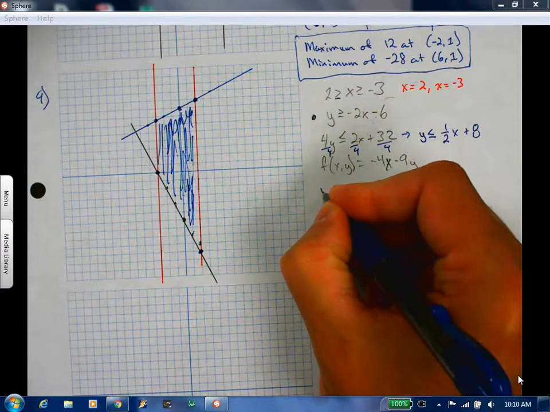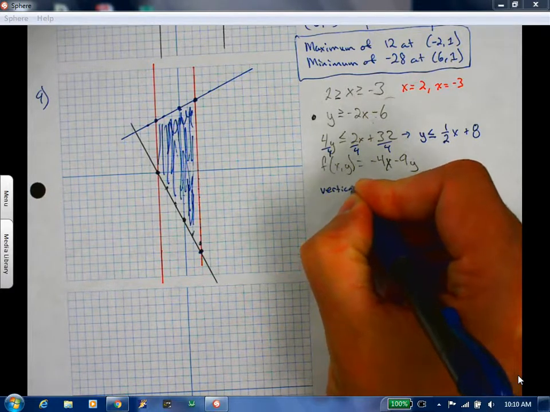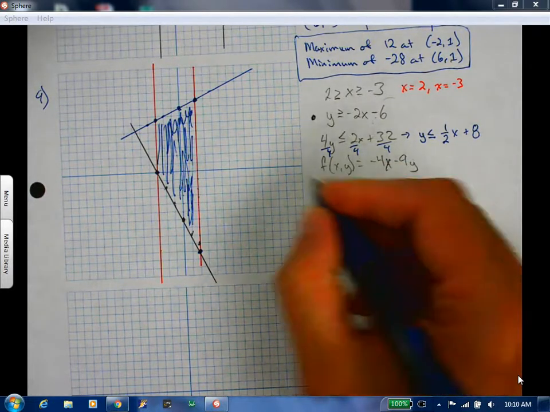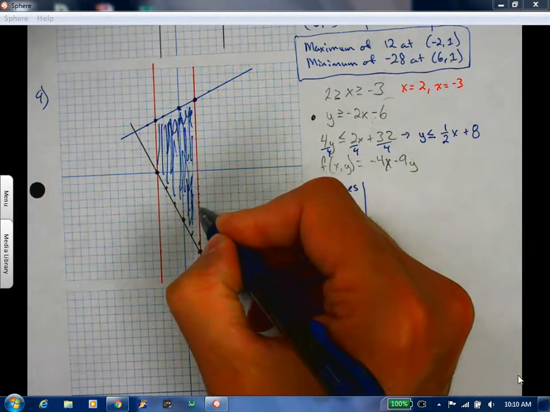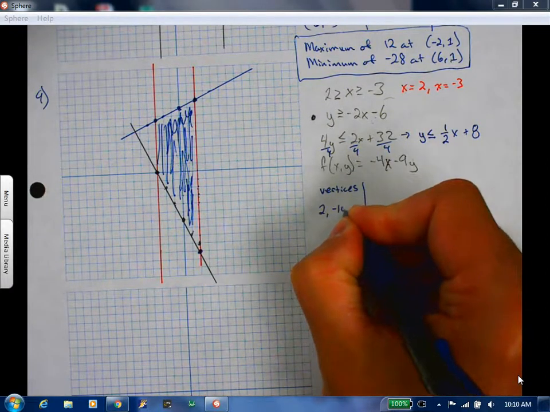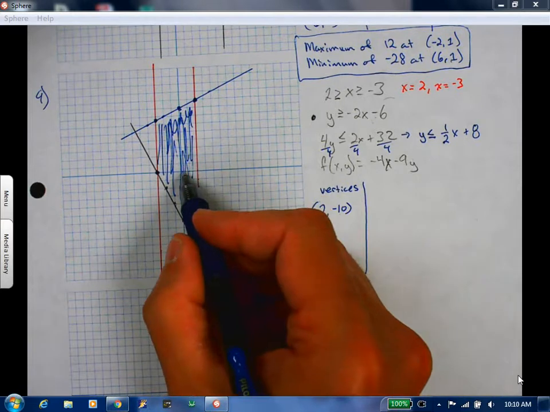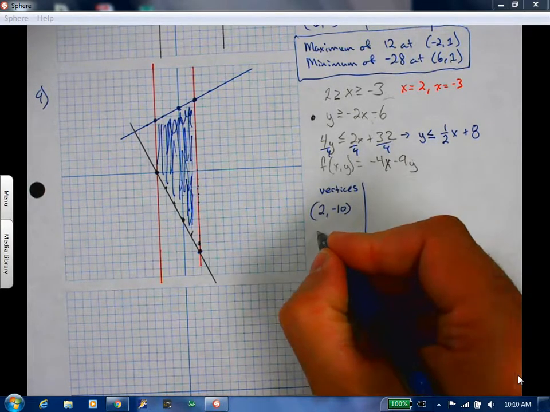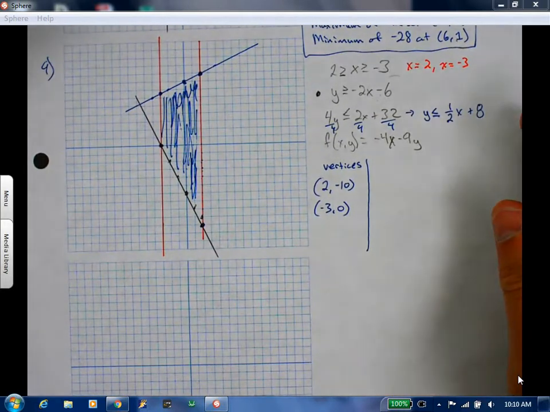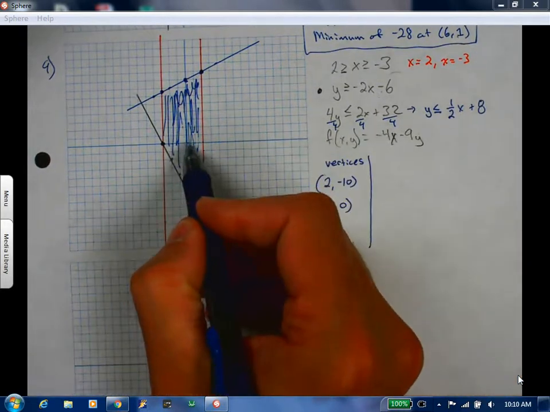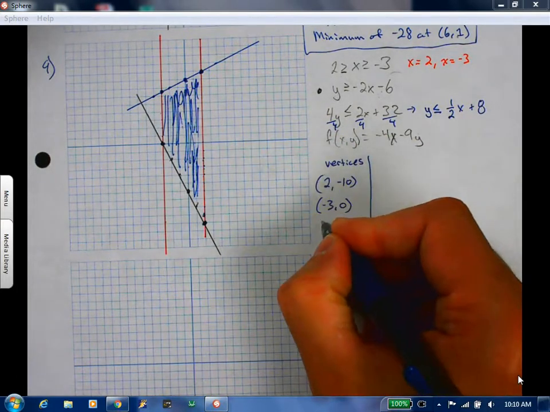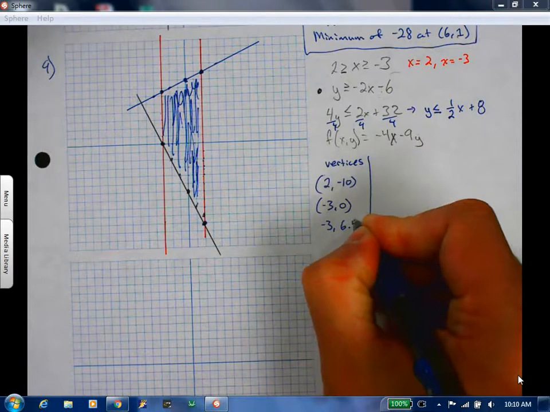So maximum of 12. Are you on number 11 already?